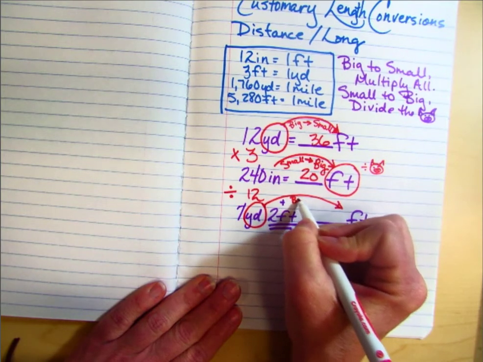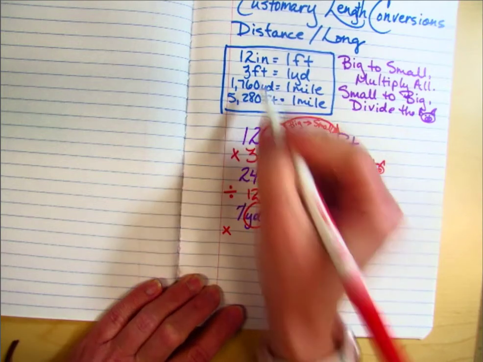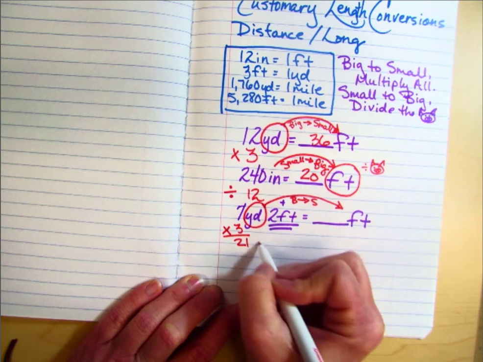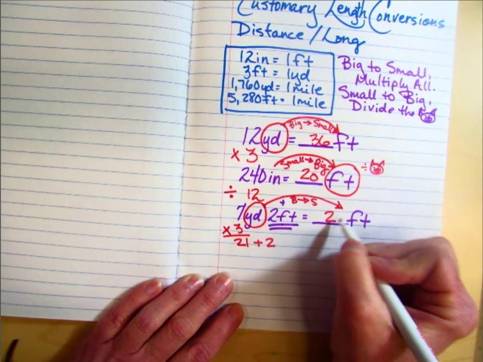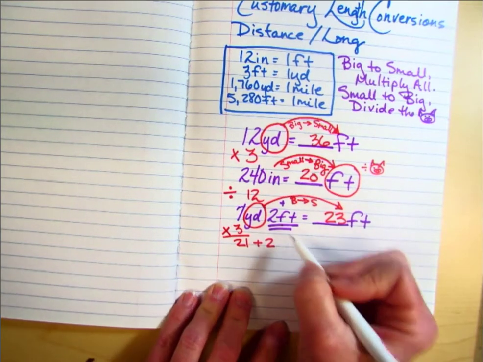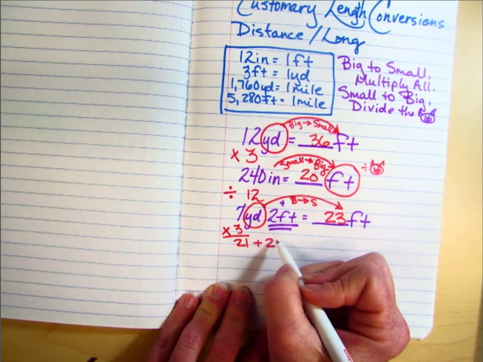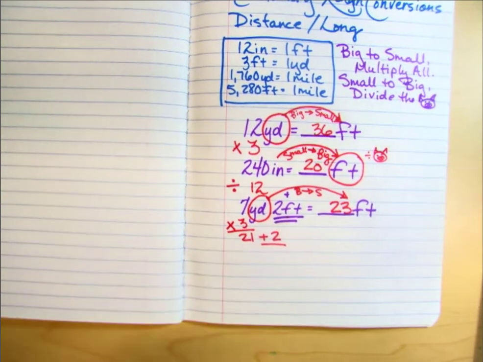If you're going big to small, we multiply all. There's 3 feet in a yard, so I'm going to do 7 times 3, which is 21, and then I'm going to add these 2 feet to get a total of 23 feet. So anytime you have the mixed conversions, do the big to small and then add the extra 2 feet on at the end.